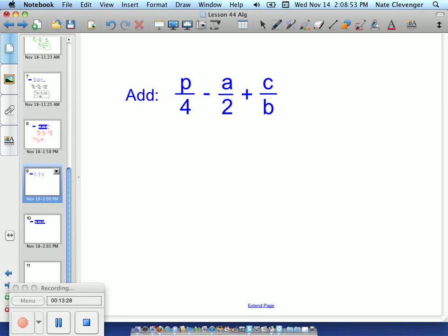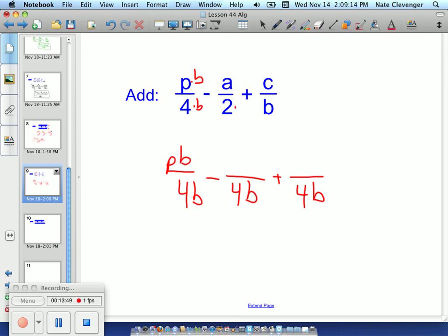Common denominator for 4, 2, and b. 4b? Could we do 4b? Oh yeah, you could do 8b, and again, it wouldn't create a problem. It's just going to add a little bit of reducing at the end. So we need to take 4 times b. So you have 4b. Take 2 times 2b, you get 4b.